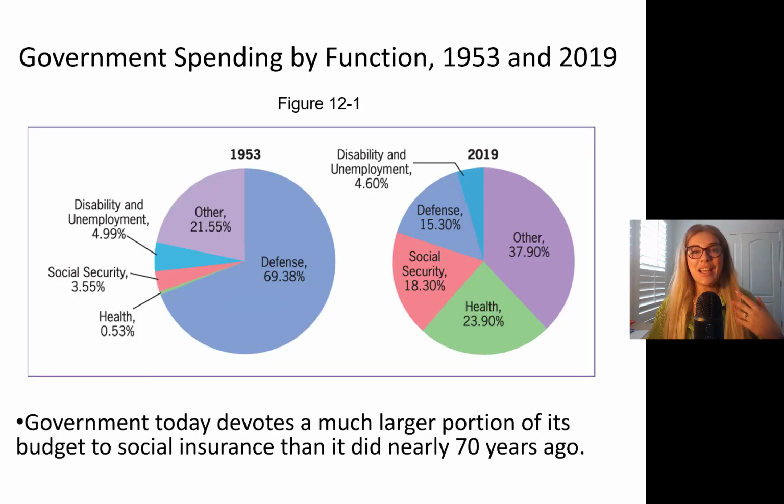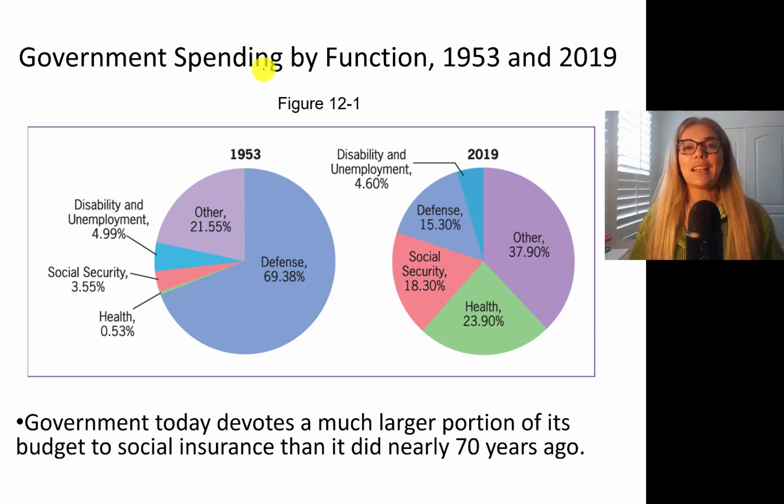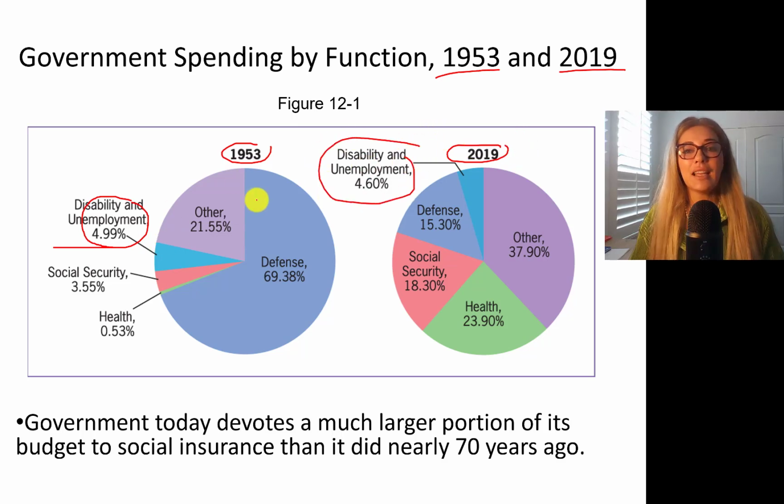Let's get started. So this is the government spending by function between, for instance, the 1950s and the late 2010s. If you look at these pie charts, 1953 and 2019, if you look at, for instance, disability and unemployment, 4.99% and 4.6%, it kind of stayed at a similar rate.